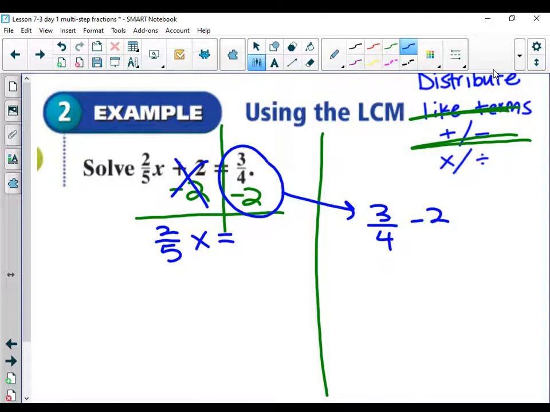Annie, should you write it as an improper fraction? Tell me more. Like, do 8 out of 4? Oh, I know what she's saying. For subtracting a fraction? She wants to make this.